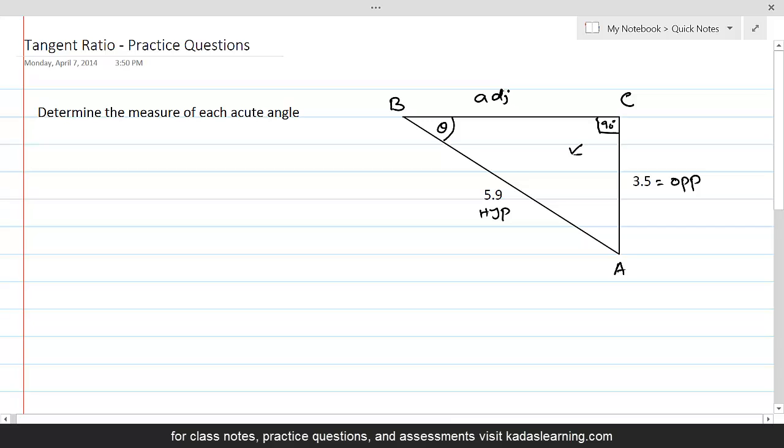We cannot use tangent until we find the value of side BC, the length BC.